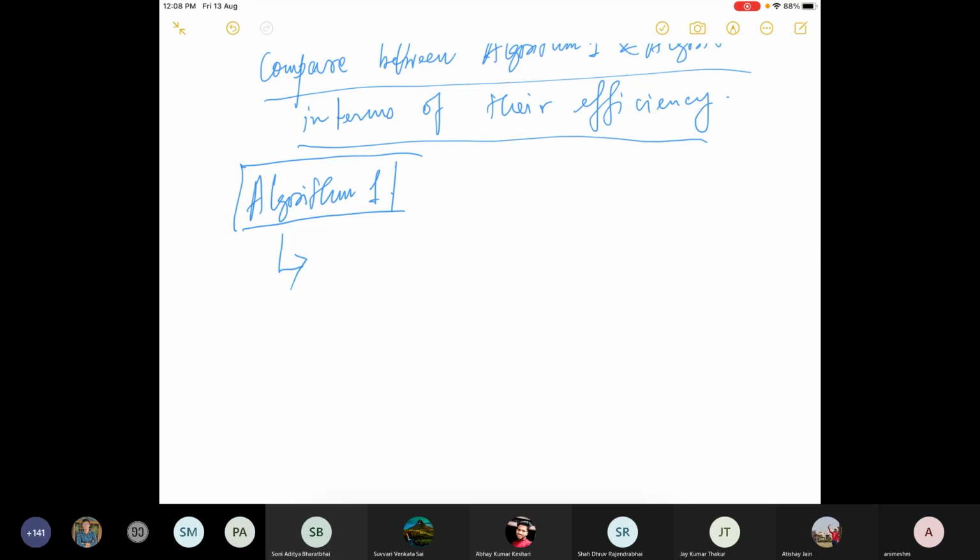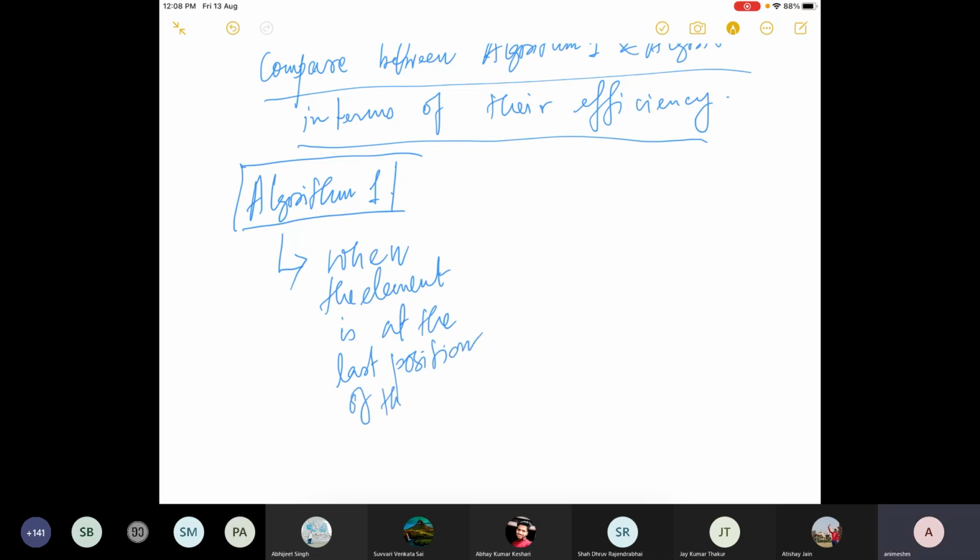When the element is at the last position. Or it is not present. Yes. When the element is at the last position of the array or not in the array itself.